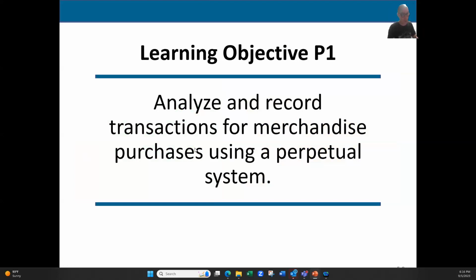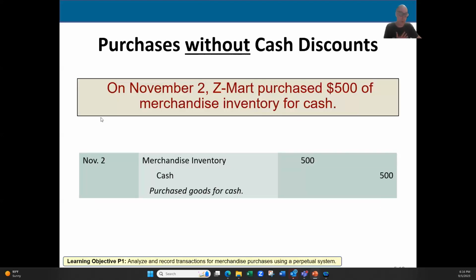So let's look at some transactions that we would make using the perpetual inventory system. Our business in this example for the chapter is a small local retailer that sells mini mart type goods and services. Yeah, we own the corner store. All right.